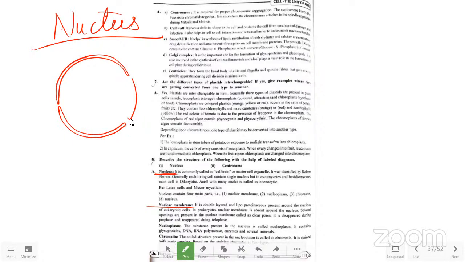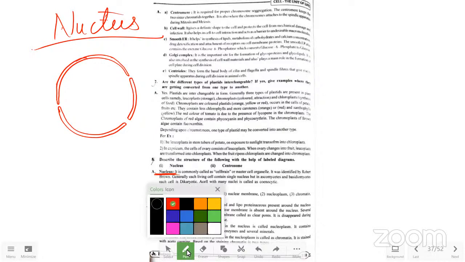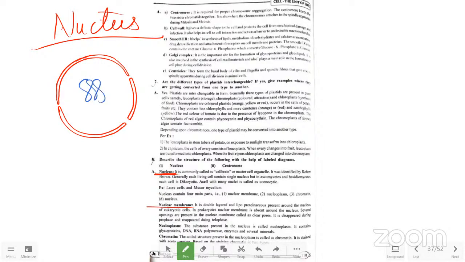That is, there are some interruptions in between the two membranes. Inside this, it has the genetic material present as chromatin.